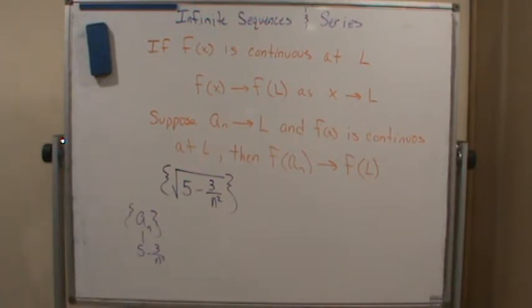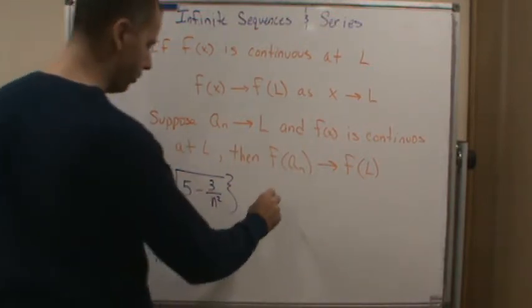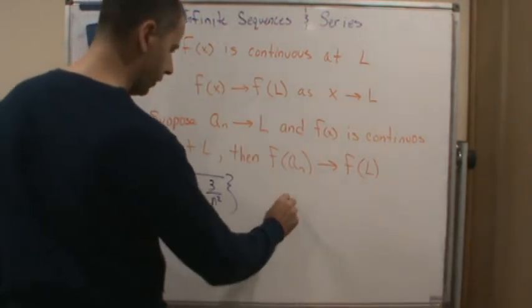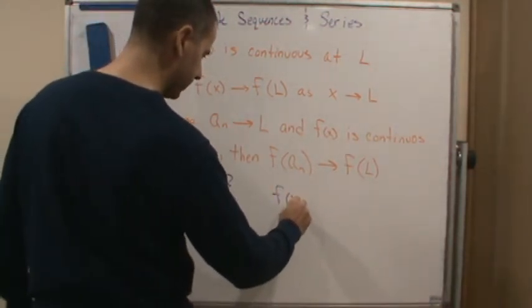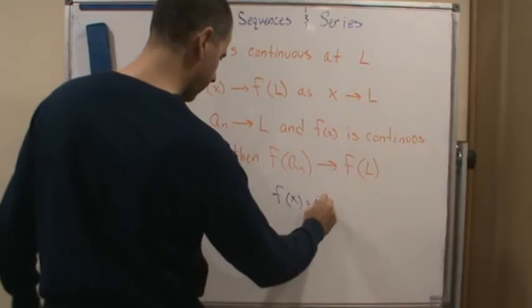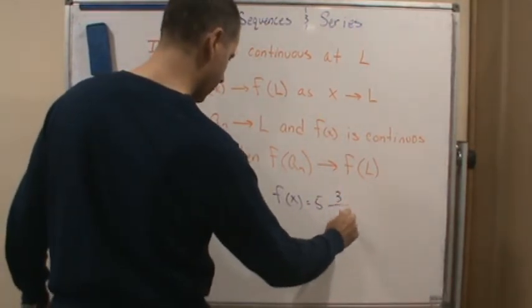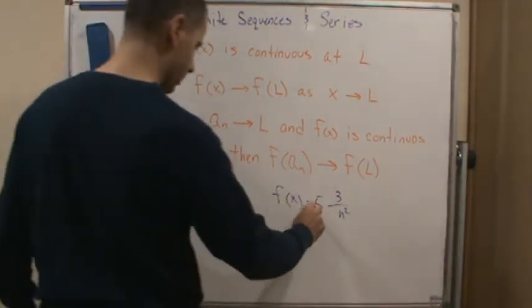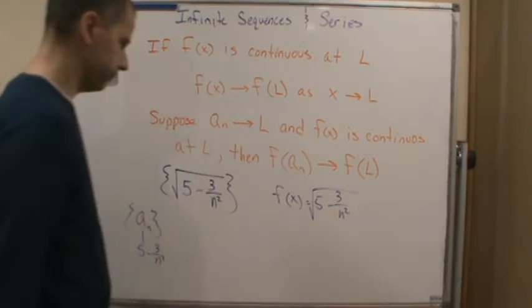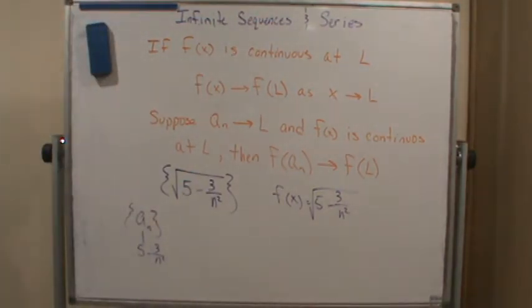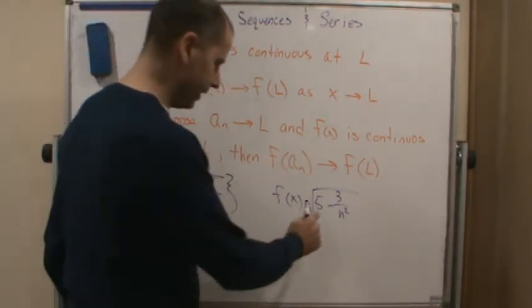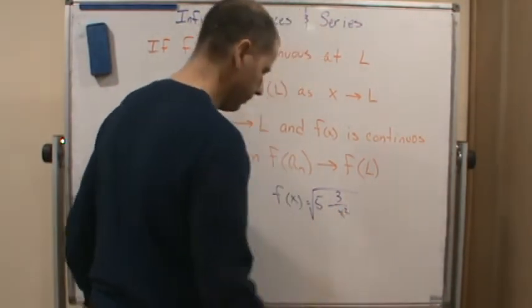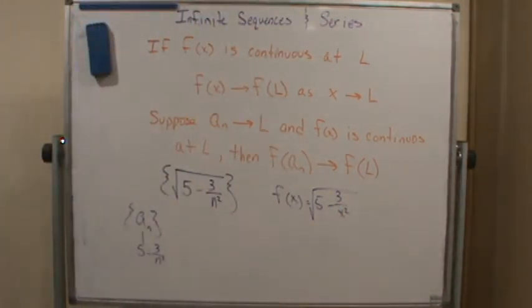We also know, if we look at the function f of x equal to the square root of x, that function f of x is continuous. And it's continuous at x equals 5.